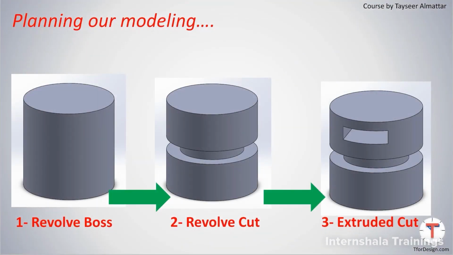First, we'll create a cylinder using the Revolve Boss feature, and then we're going to create that slotted revolution using the Revolve Cut feature, and then we're going to make that rectangular hole using the extrude cut feature. So let's start with the first step.